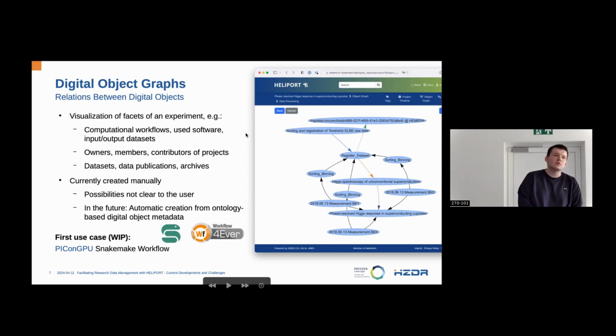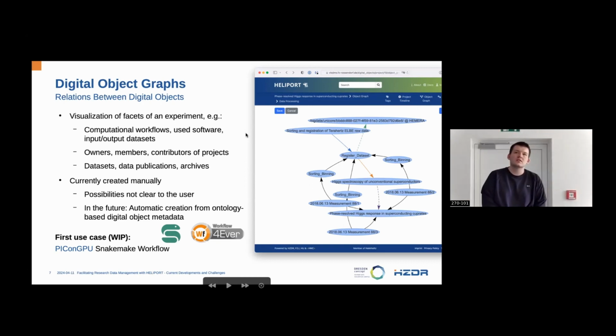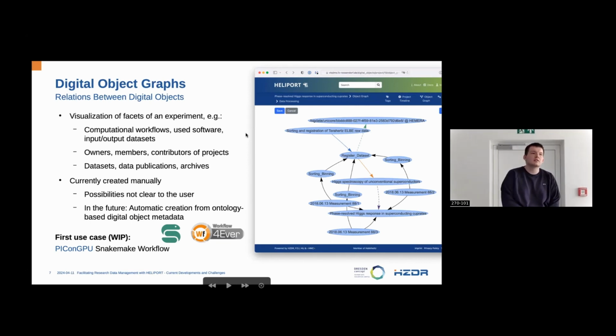And a first use case that we're currently working on is to visualize workflow metadata from a Snakemake workflow for PIConGPU, which is a particle-in-cell simulation code, where a master student currently implements the Snakemake workflow. And we want to transform the metadata into Workflow Run RO-Crate ontology metadata, and then display this in HELIPORT.